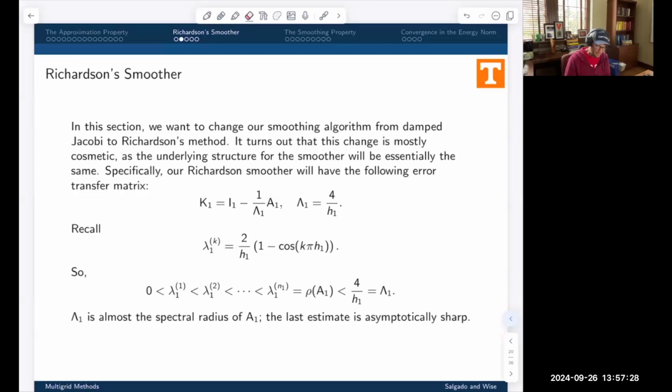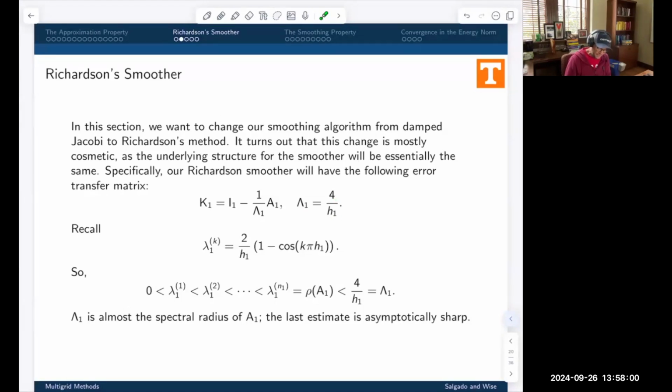It was I minus 1 over omega times the stiffness matrix A. So that's what we found was the error transfer matrix for the Richardson smoother. Here we're going to choose this omega to be exactly equal to our asymptotic spectral radius, the capital lambda 1, which is 4 over h1.